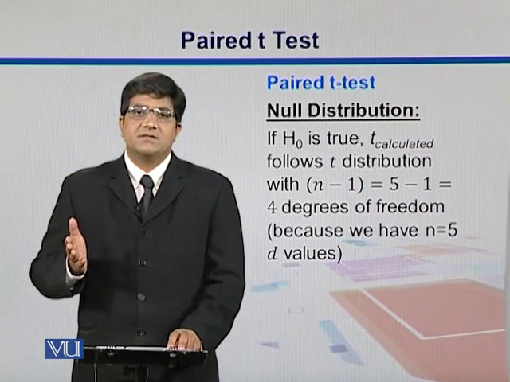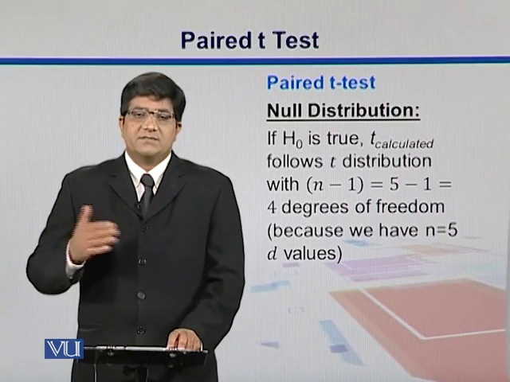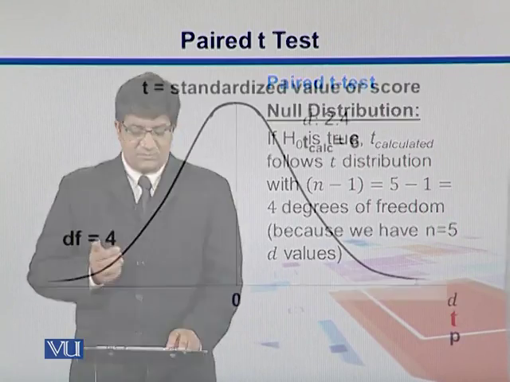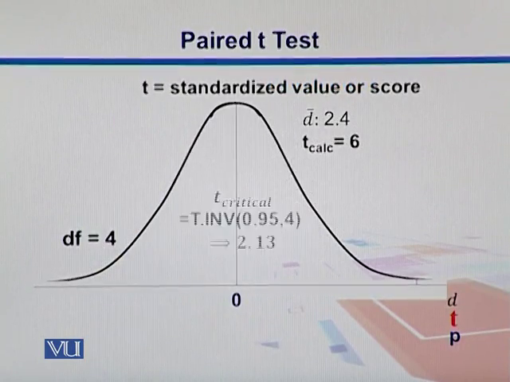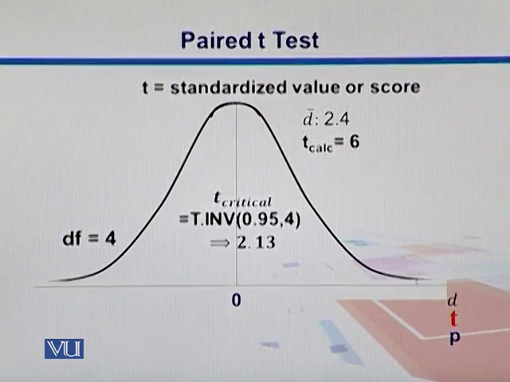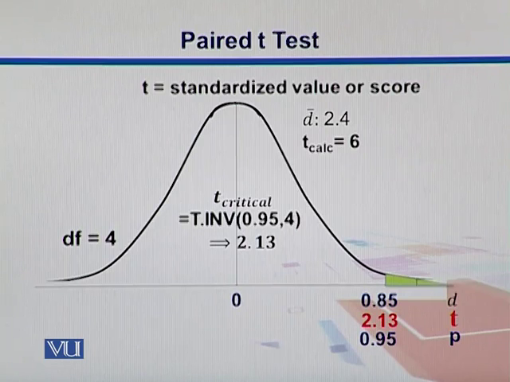So the null curve has degrees of freedom equal to 4. For the critical T at 0.95, with 95% up to that point and 5% toward the right, that number is 2.13. So any T calculated greater than 2.13 is a significant event. In terms of difference, this number should be greater than 0.85.